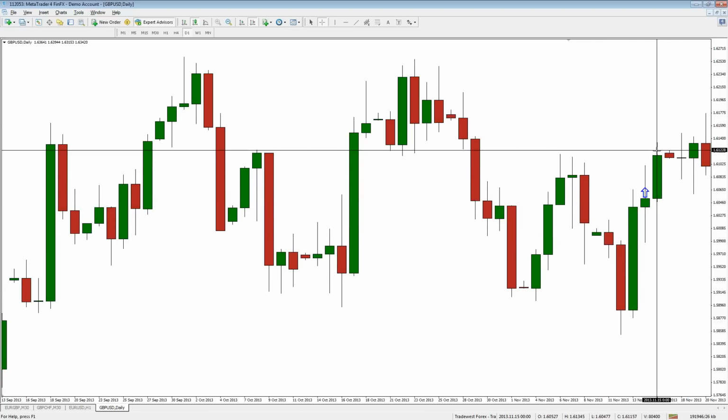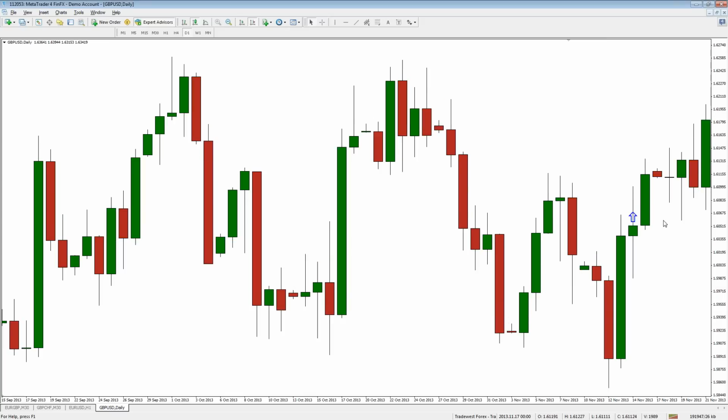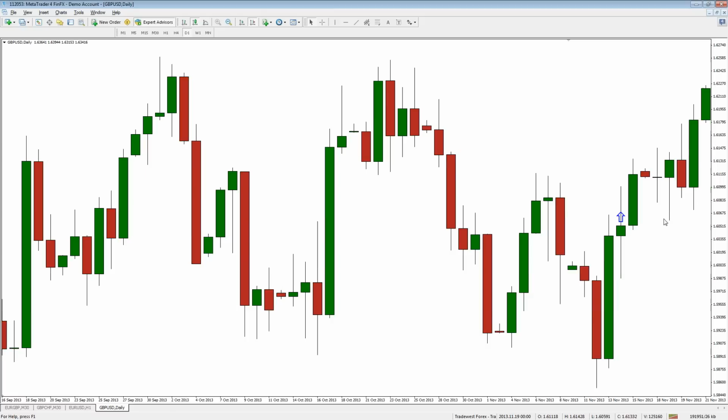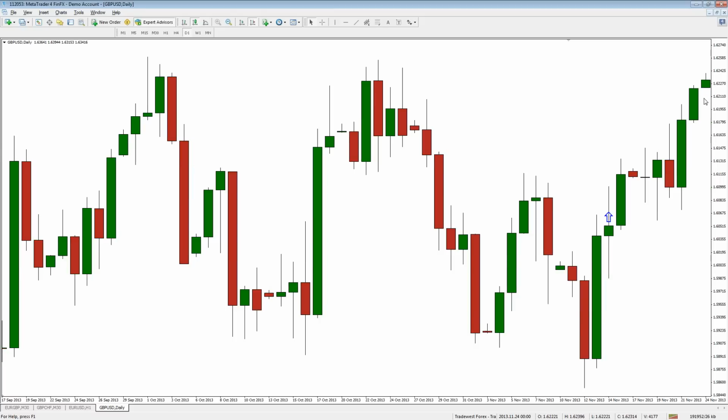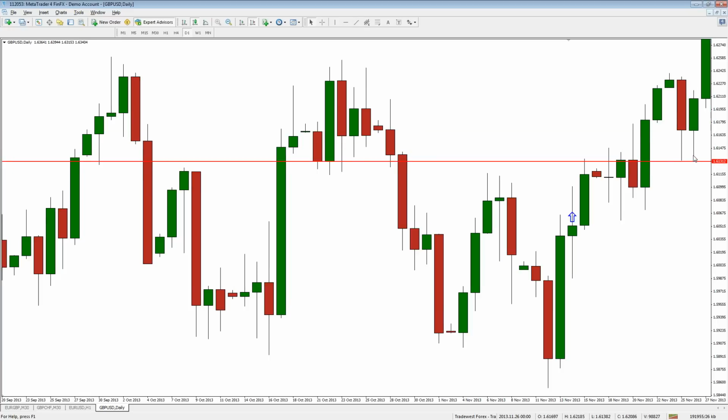Okay, so this one worked out a little bit after that big run. It kind of, what did it do here? Another 50 pips or so, and then ended up consolidating. Let's see, then you got bullish, bullish. Let's see, there's your bearish candle. So you'd be looking for a break right there to go short, and it didn't do it.